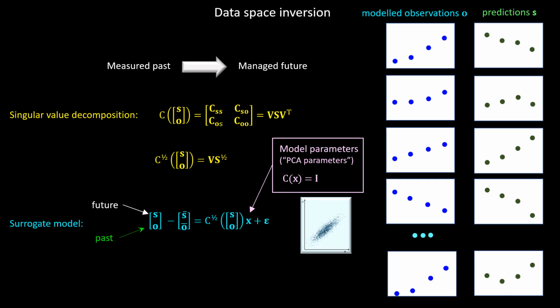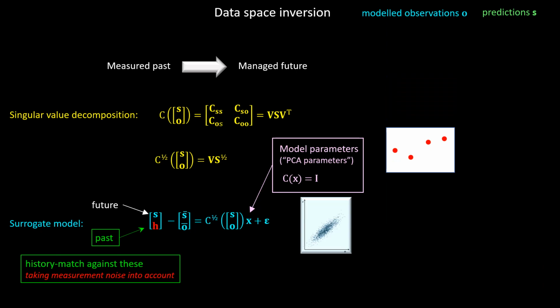And when I undertake data assimilation through history matching, I history match this model, instead of the big numerical model, against field data. That allows me to compute predictions constrained by the necessity for model outputs to respect what happened in the past.